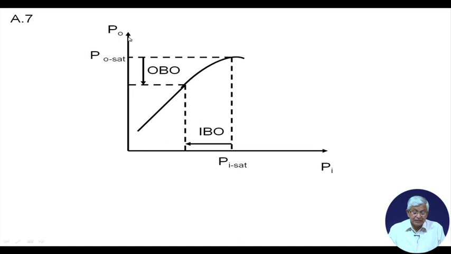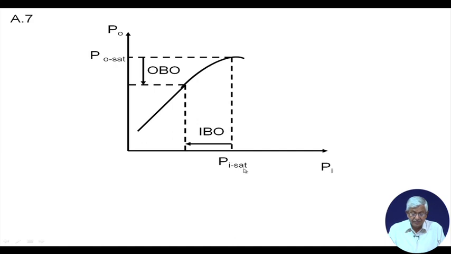So, first let us recollect this concept, that the nonlinearity of the satellite amplifier goes like this. So, the saturation point in terms of input power to output power, if we draw, then at the saturation point we call it input saturation, that is P I saturation.